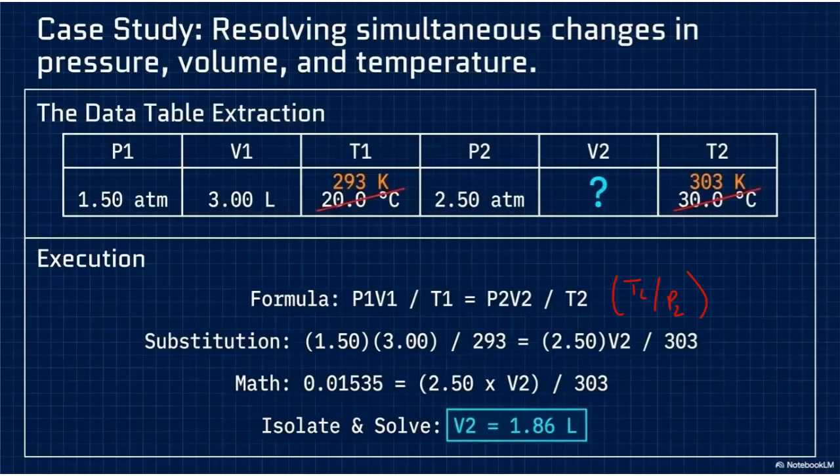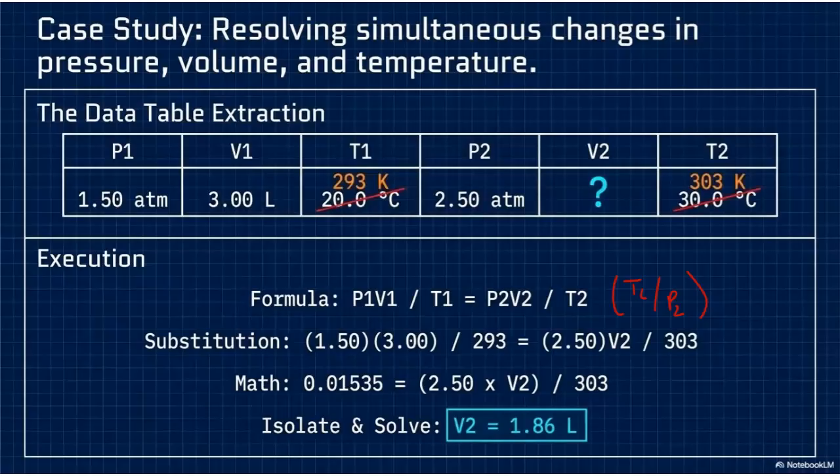Substitute and come up with an answer of 1.86 liters. Now, for Boyle's law and Charles' law, it is easy to determine whether the volume is going to go up or down.